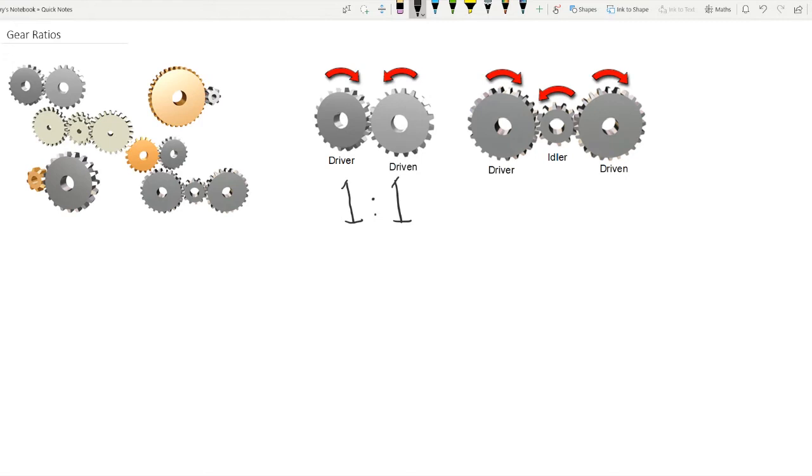Okay, so let's look at a couple of other examples if I can draw them out here. So if I draw a gear there, and then I draw another gear there. So let's say this large gear is 2 times the size of the small gear, and the small gear has 10 teeth on it, and the large gear has 20 teeth on it.